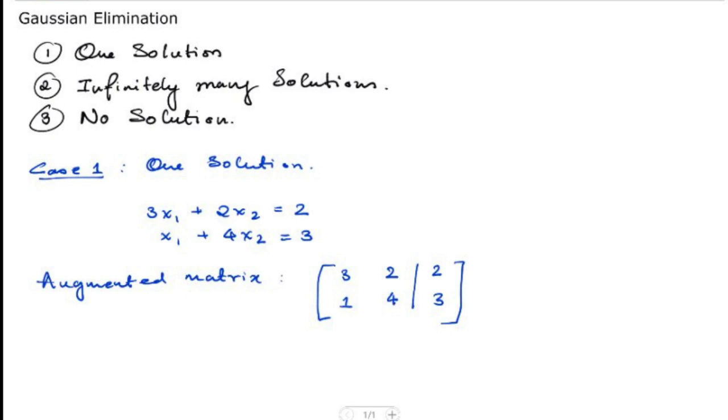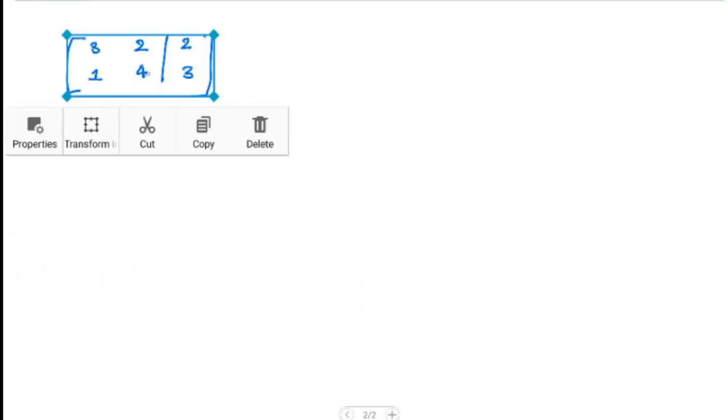Now we will do row operations to make it row echelon form, and then we'll find out our solution. So I'll copy this one here.